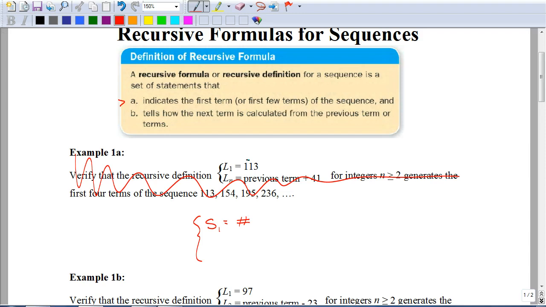Now the bottom row tells us how we're going to find the next terms in the sequence. So the next term in sequence S would be S sub n minus 1 plus some number.